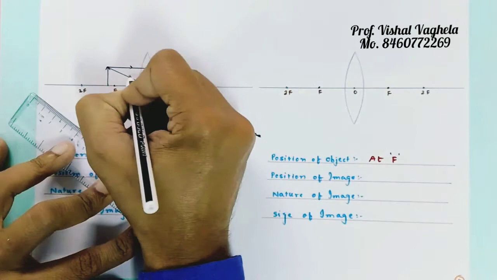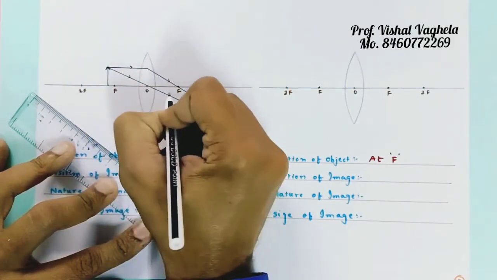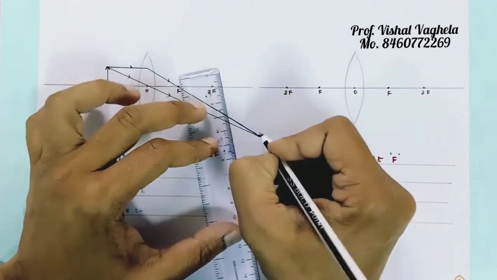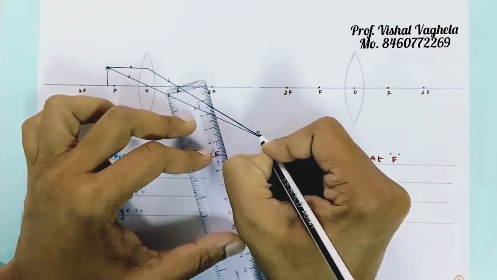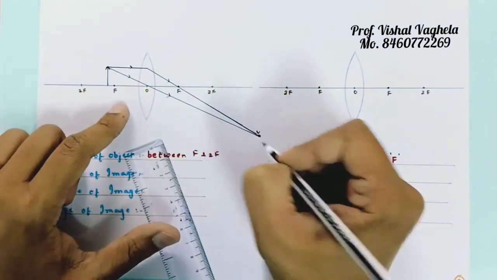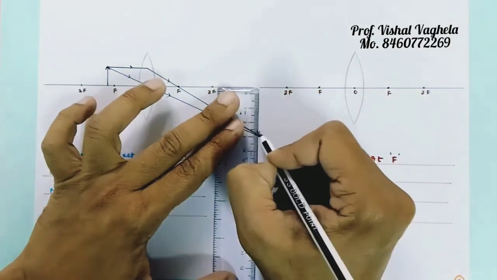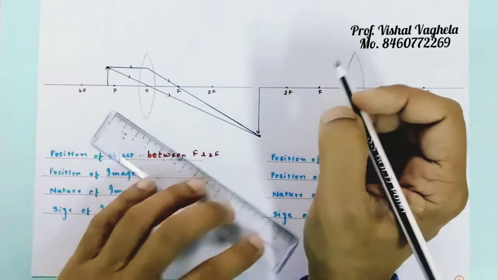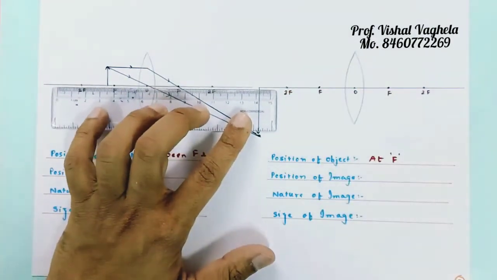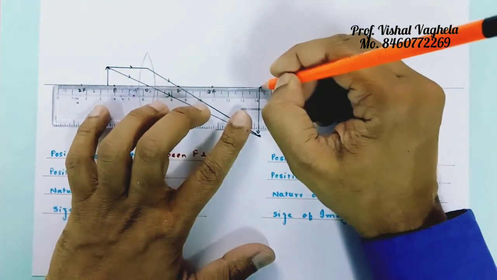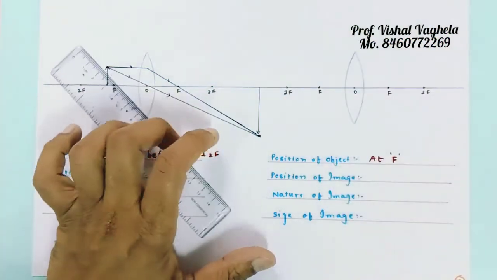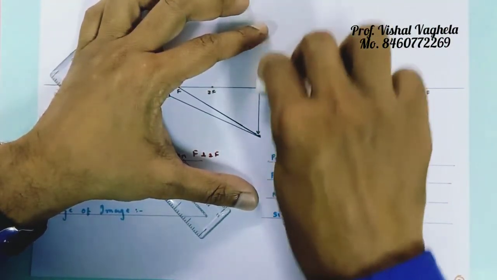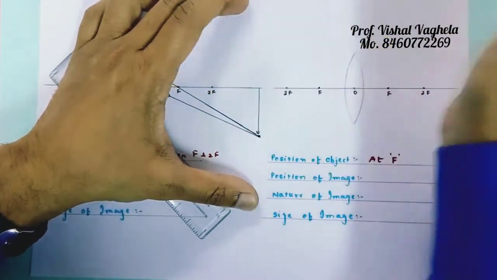So I should not forget to put the arrow sign. Now here when I draw the image, the head of the image would be down because it is a real and inverted image, because refracted rays are meeting. So as you see, the image is formed here, and I must rub this part so that viewers shall not get confused.